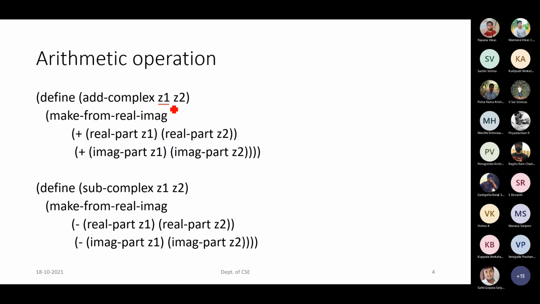We are just assuming that both are of the same form. Z1 will be having two values: either real and imaginary value, or magnitude and angle value. Z1 will be something like this, and Z2 will be something like 7 and 9.